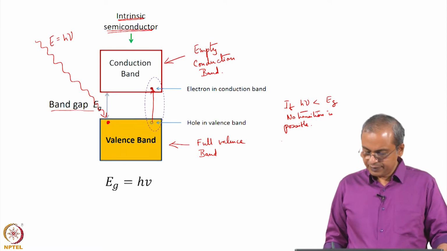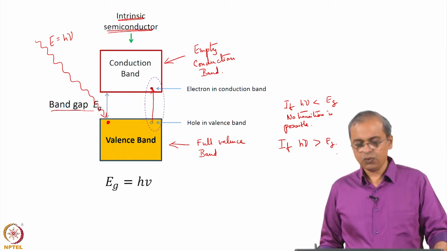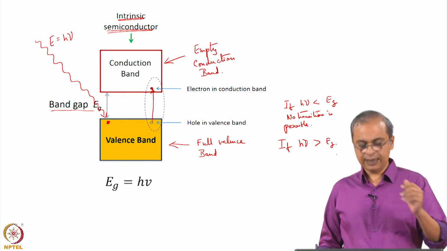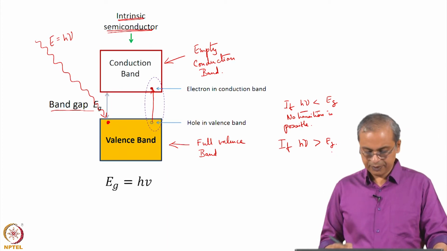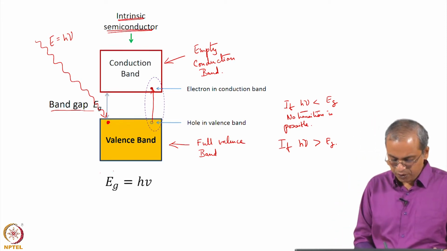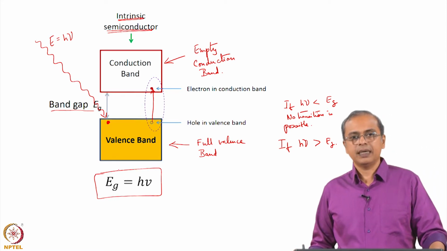If, on the other hand, h nu is greater than E g, so the energy of that photon, which is h nu, is greater than that of the band gap, then the transition occurs from the valence band to the conduction band. And of course, the threshold value is E g equals h nu. Okay, so that is the threshold value.